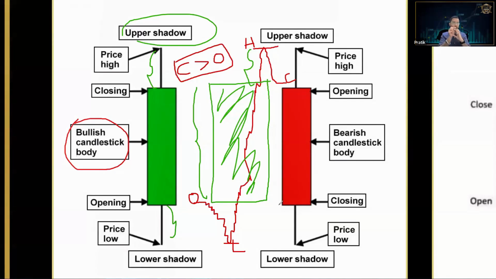The candle body is there, and the wick is where you light it. So think of that. This is the wick of a candle. The difference from the closing to the high is the upper shadow. The difference between the open at the body and the low price is the lower shadow. I will explain why later. For now, just understand the terms: wick, upper shadow, lower shadow, body, bullish candle. Clear, everyone?